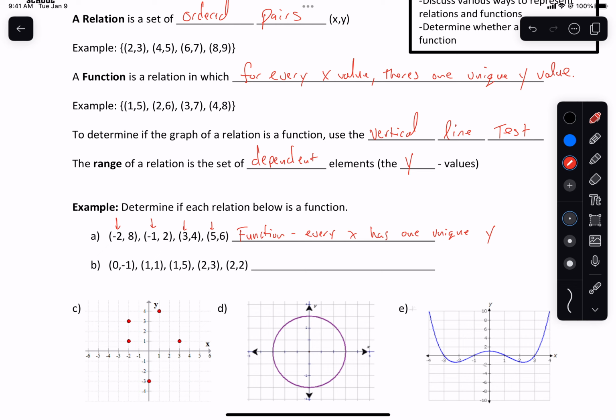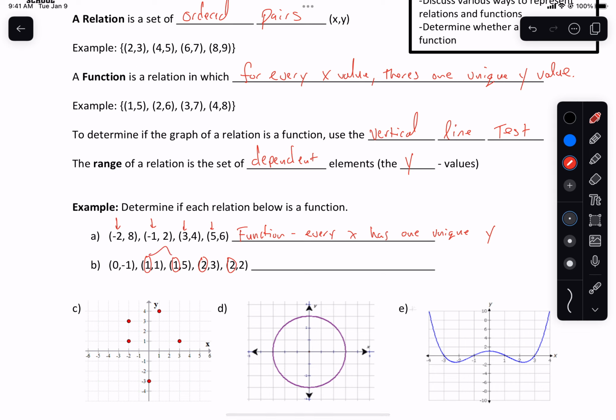And so I see here, for the value of 1, I have two different y values. Ever see that? Also for 2. And it just has to happen once. Doesn't matter if I have multiple x values with multiple y values. If it happens once, it's not a function. Okay?